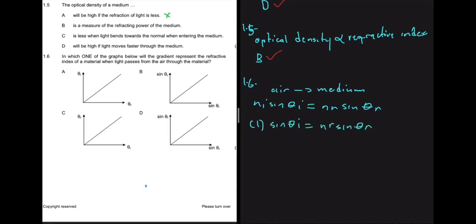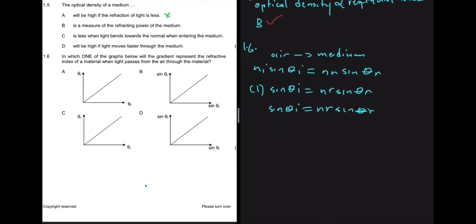Anything multiplied by 1 is just that thing, right? So we're going to get sine theta i being equal to Nr sine of theta r, right? And then you should be able to see here that we have y equals mx plus c, but then in this situation c is 0, right?